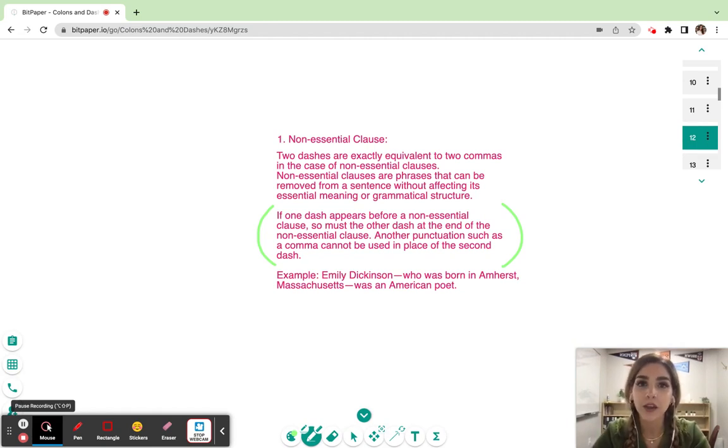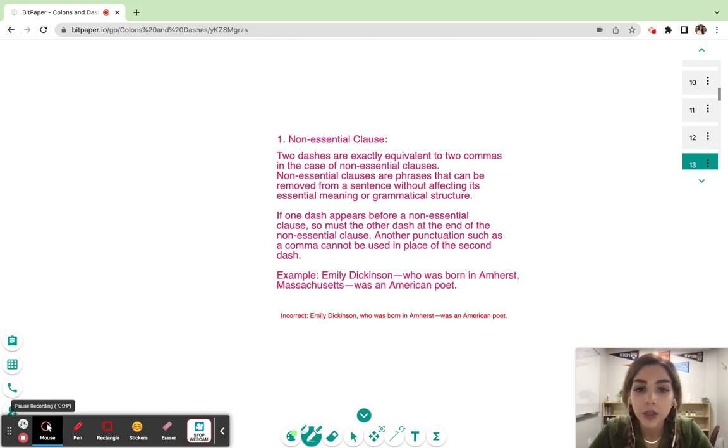It needs to be either two dashes or two commas. So it would be incorrect to say, "Emily Dickinson, who was born in Amherst—was an American poet." And you'll notice that I actually removed "Amherst, comma, Massachusetts." The original writer likely used a dash to set off this non-essential clause to avoid the confusion of the commas in the first place. But you can't have a comma and then a dash set off a non-essential clause.